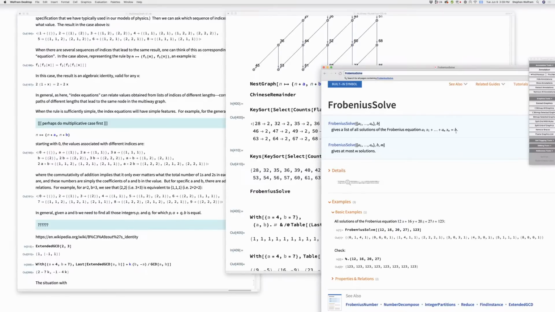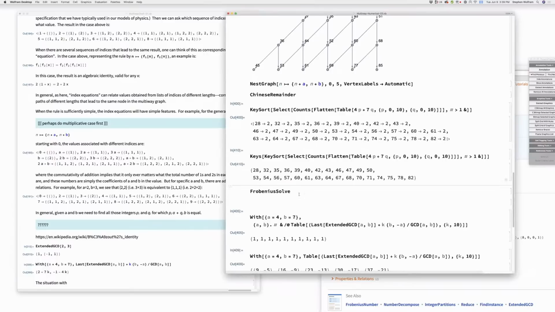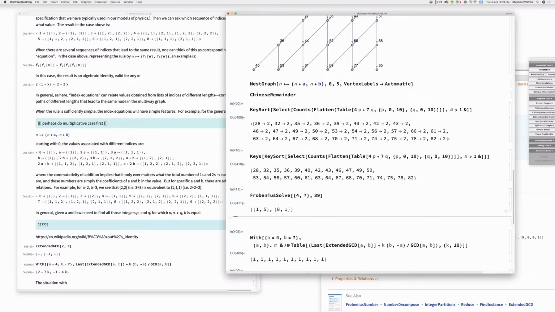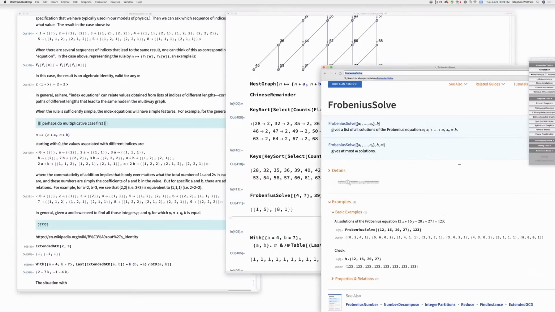If I say this 47, and then I say 39, for example, here, then it will give me that value, right? It'll give me the two things that solve that. Right. Okay. And with 28, you'd see zeros.